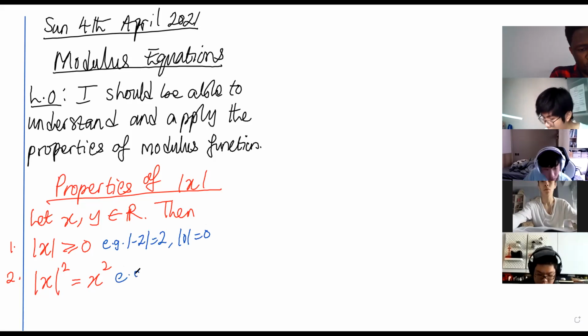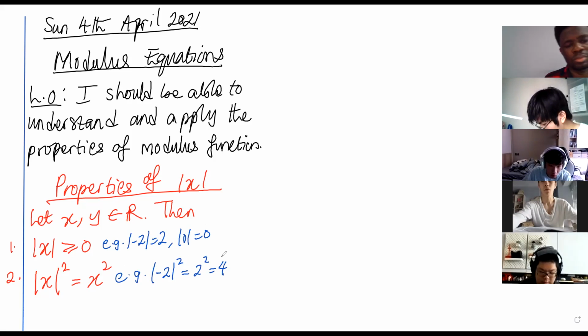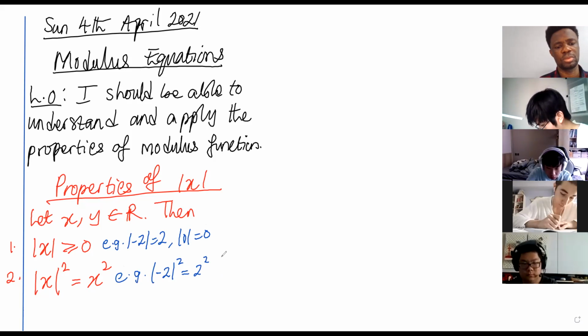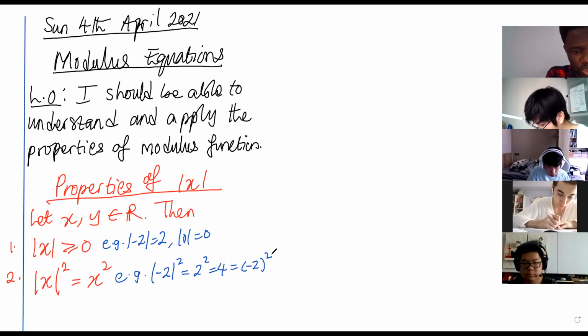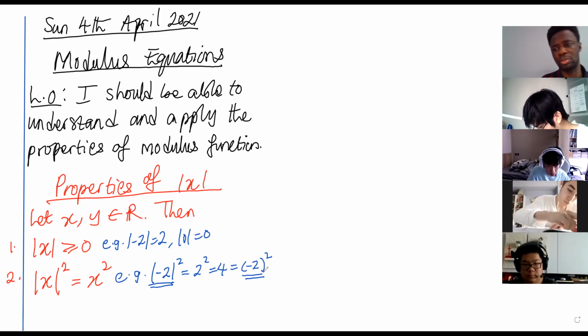For example, here, if you take absolute value of -2 squared, it's going to be 2 squared, which is 4. You can see that this is equal to 4, and this 4 is actually -2 squared. So you can see if X is -2, this property holds. Does that make sense?